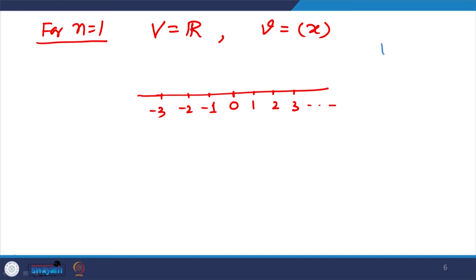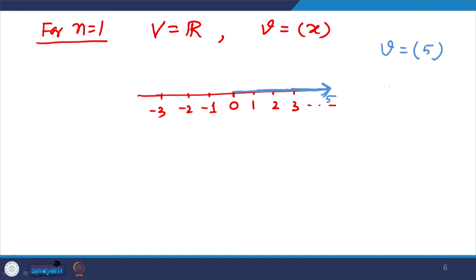Now, if we are having a vector, let us say V equals to X equals to 5. So, what will be this X equals to 5? Let us say 5 is here. The tail of this vector will be at 0 and the head here at 5. So, this is the vector V equals to 5.